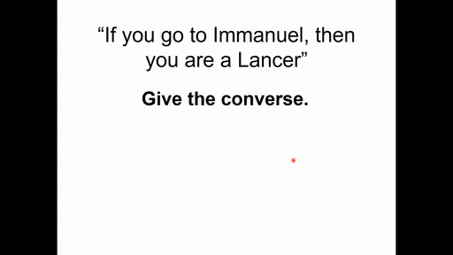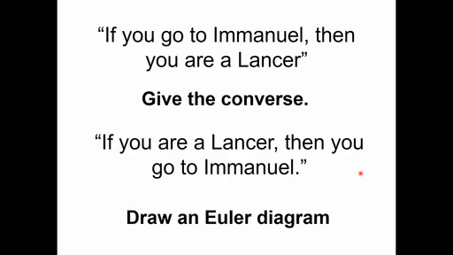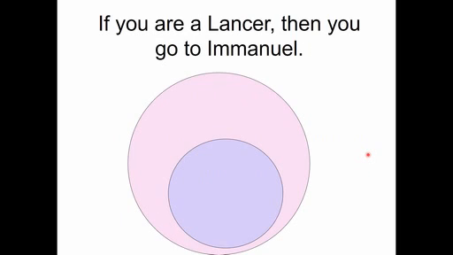But what if we take that converse statement and try to draw a diagram that works? So let's take this hypothesis. If you are a Lancer, put it there, then you go to Emmanuel, and we'll choose our X right here. Okay, back up one second.